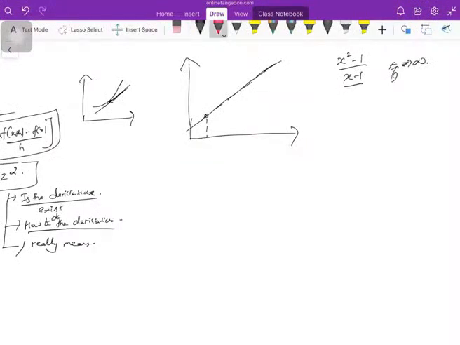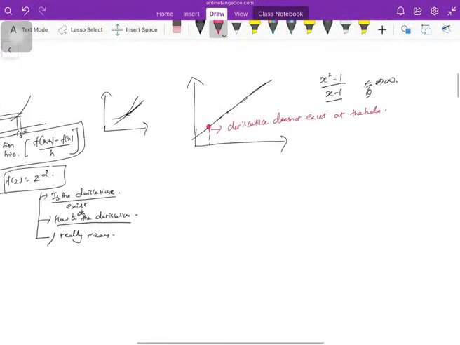There is a hole in the function. If you attended my calculus course, you will understand a hole in the function. At the hole, the derivative does not exist, but the limit exists. What is the equivalent form of this?